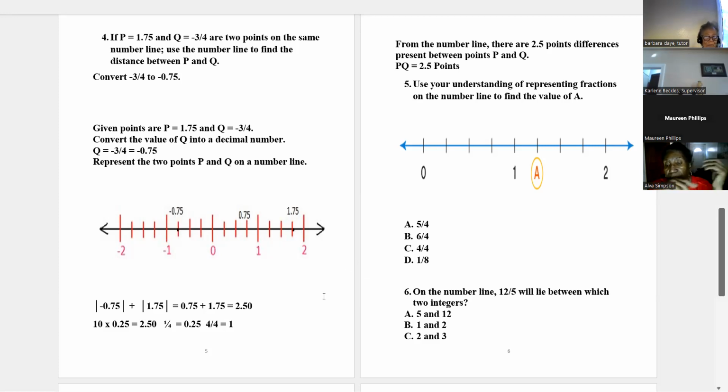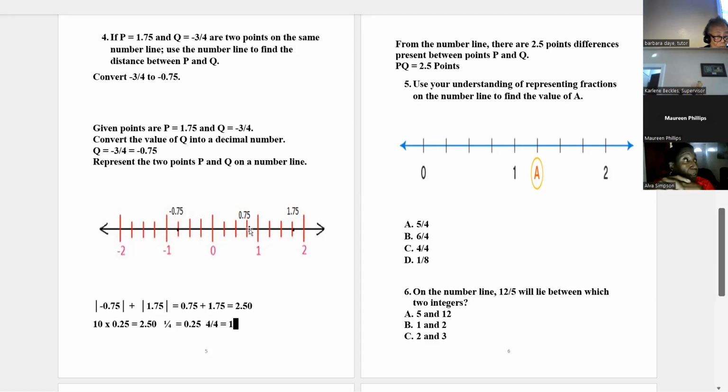So 1, 2, 3, 4, 4/4. That would be 3/4. Is it still 0.75? That's it.